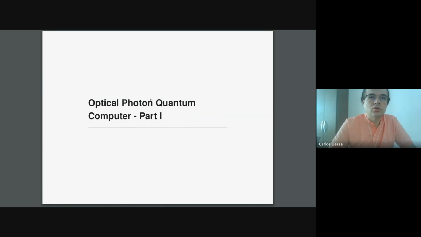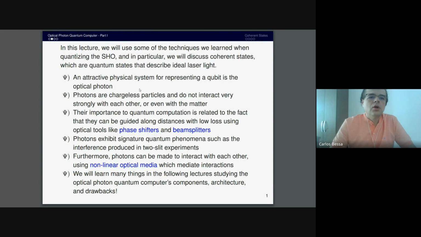The coherent state that we talk about today is a kind of review of quantum optics. So before we start quantum computation, seeing this as an optical quantum computer, we will review some quantum optics tools that will be important for this. So it's just a few slides, then we go to the whiteboard.